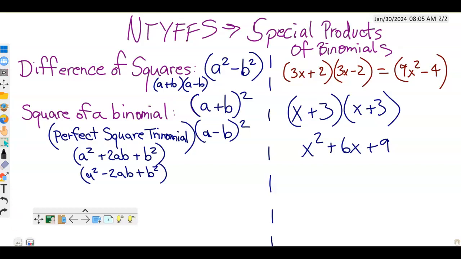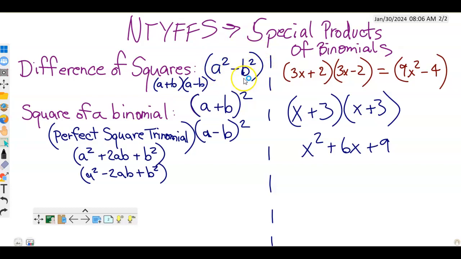The first one is called the difference of squares. It's called a difference of squares because the structure of the binomial itself is a perfect square term, a squared, and another perfect square term, b squared, separated by a minus sign, a difference, okay?